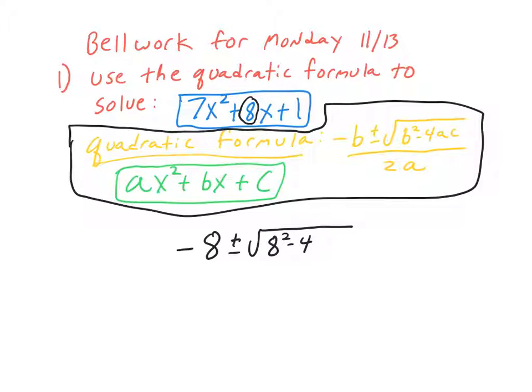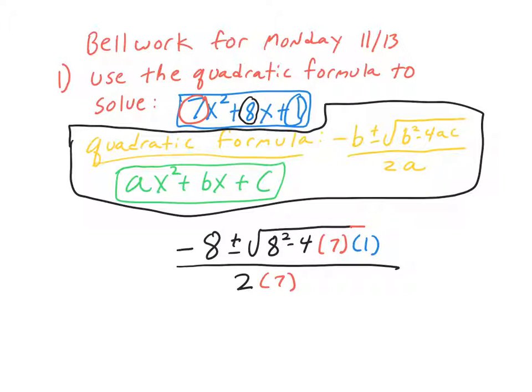So a is going to be the 7. So minus 4 times 7, and then times c, which is the 1. So times 1. And that's going to be over 2 times a, so 2 times the 7.